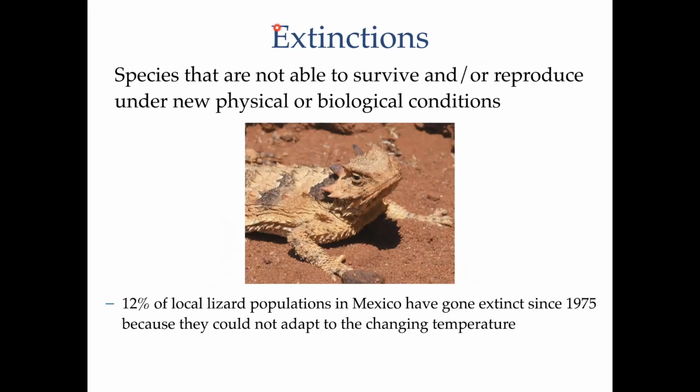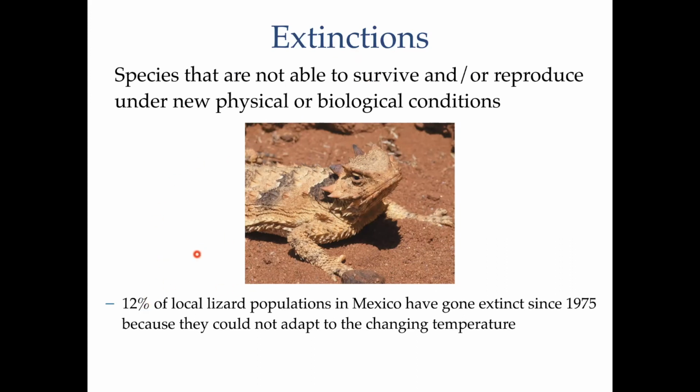Extinction is another consequence of climate change, and we are seeing many more species going extinct than before. Again, species going extinct is something normal, it does happen, but the rate at which it's happening is the problem.